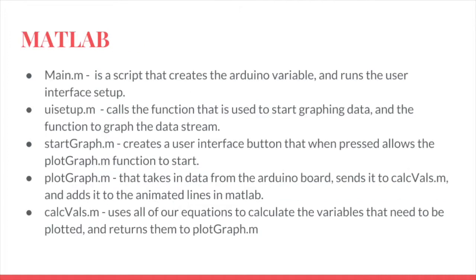resistance. The first script we have is the main, which just calls the UI script. The UI script is what we loop around until a global variable is changed. That just starts the UI. And then we have plot graph, which is the function that plots everything.